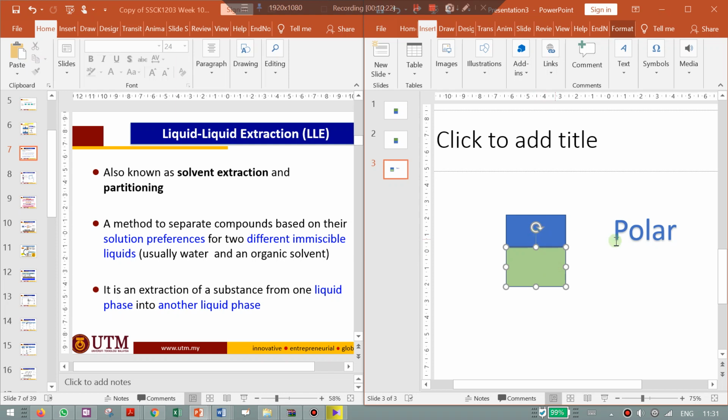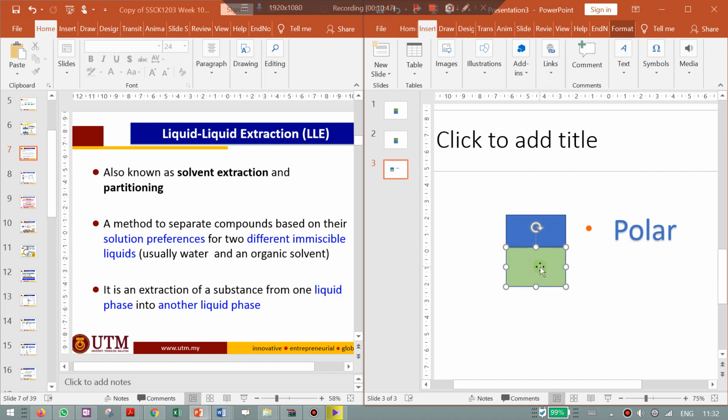So how to make your polar solvent stay at the top? You need to use a non-polar solvent that has a higher density compared to water.